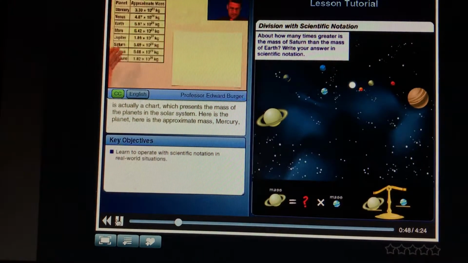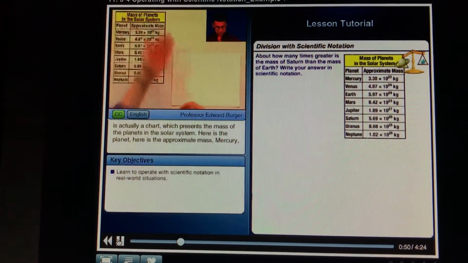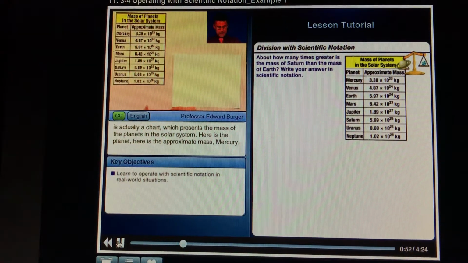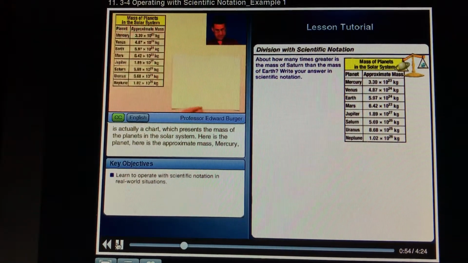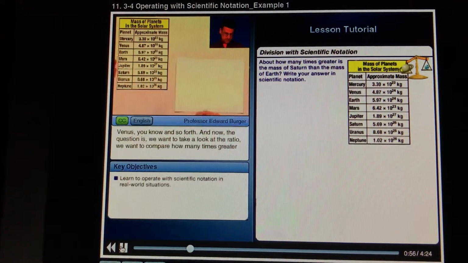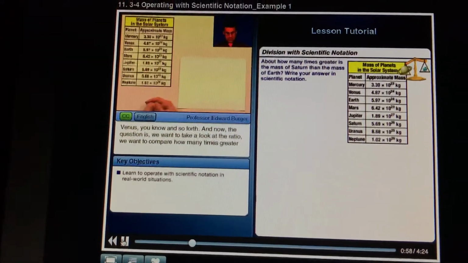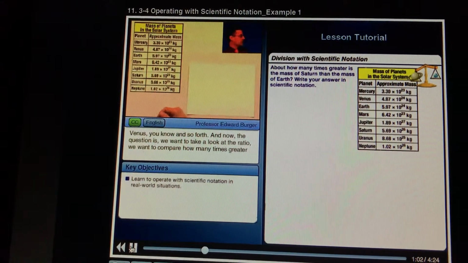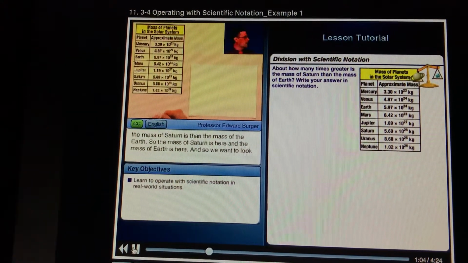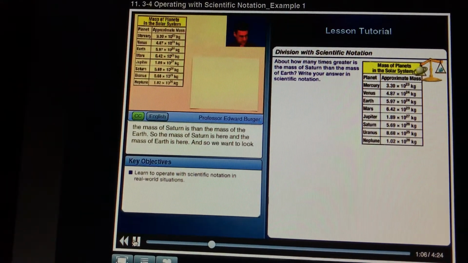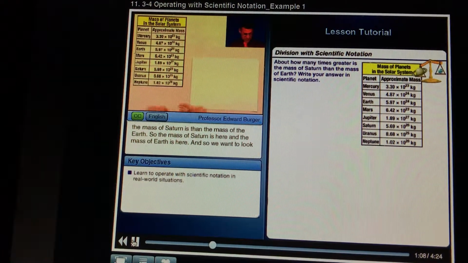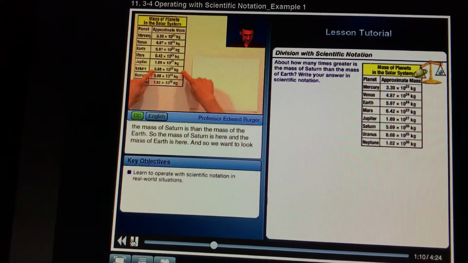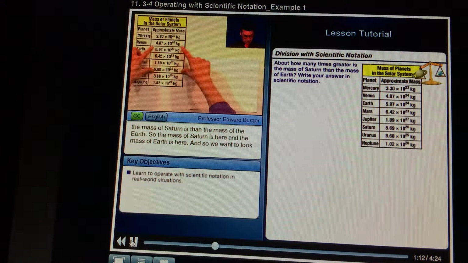So here is a chart which presents the mass of the planets in the solar system. Here's the planet, here's the approximate mass, Mercury, Venus, and so forth. Now the question is, we want to take a look at the ratio. We want to compare how many times greater the mass of Saturn is than the mass of Earth. So the mass of Saturn is here, and the mass of Earth is here.